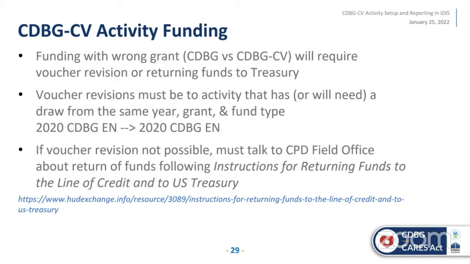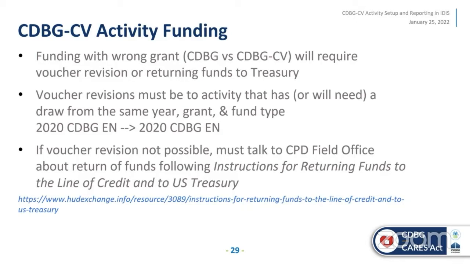But you're not throwing it out the window. They're just categorizing it, undoing the transaction, and then you'll get the money back, and you can do the drawdown as you intended, and use the other money that's returned for something else that uses that funding type. And voucher revisions are also detailed in the entitlement community manual.